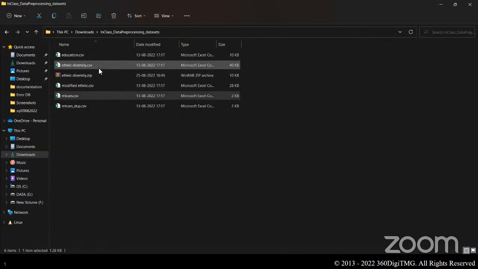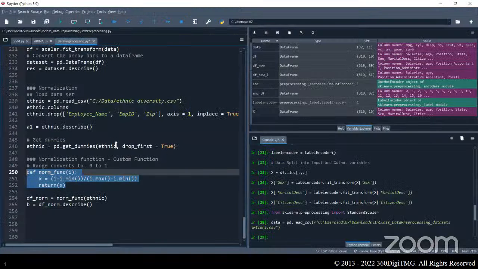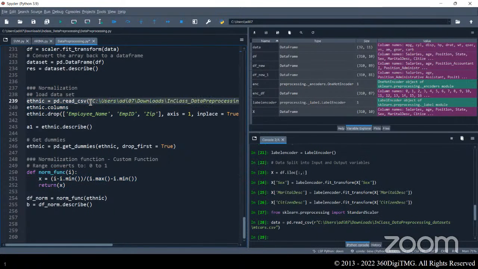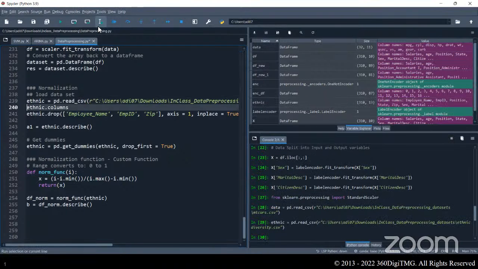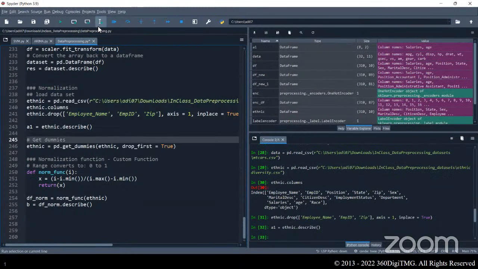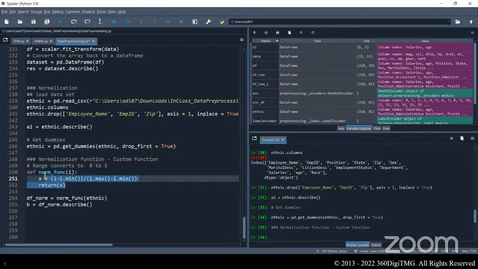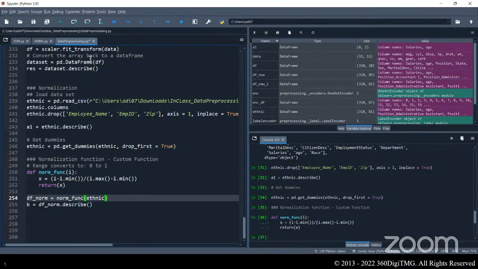Ethnic diversity. Okay. So we look at the description of the data, we get the dummy variables, and then we'll create the min-max scaling.